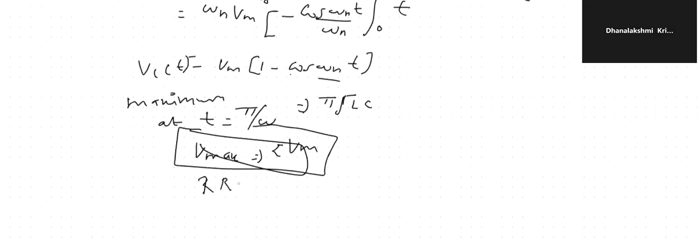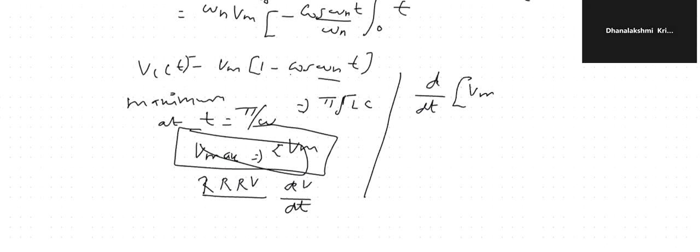The rate of rise of restriking voltage is dv by dt. Then we differentiate d by dt of Vm into 1 minus cos omega n t.